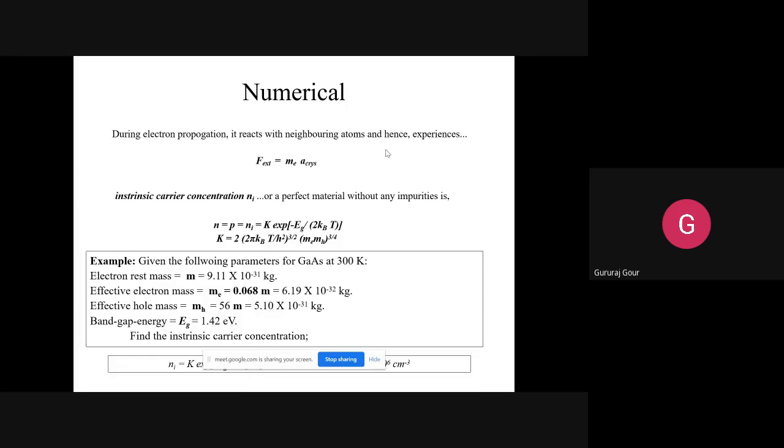If it vibrates more, it loses contact with its adjacent locations and becomes free. With this, we quote the intrinsic carrier concentration Ni, indicated for the perfect material, that is a pure crystal without any impurities.